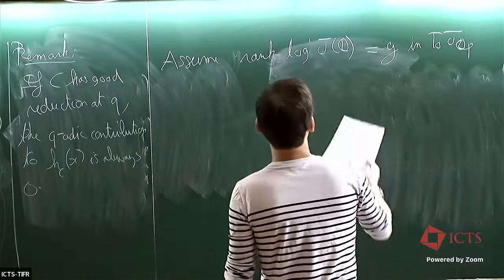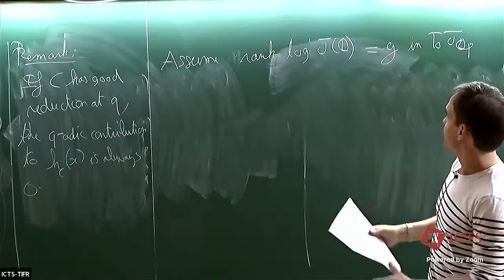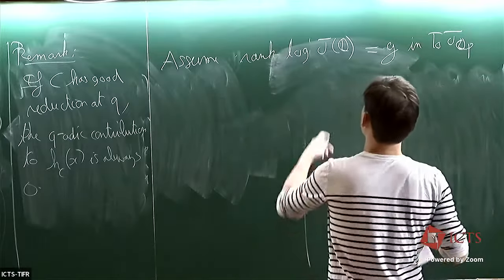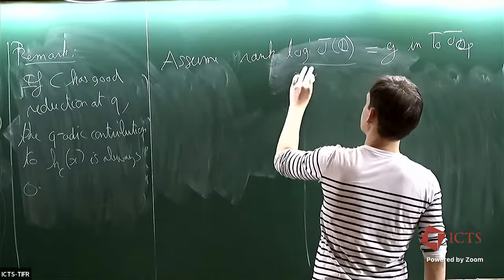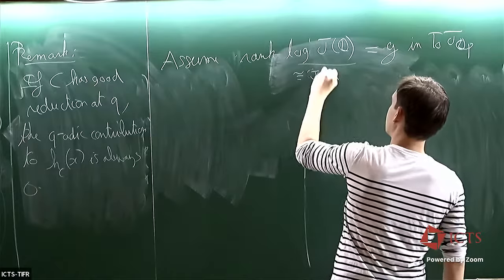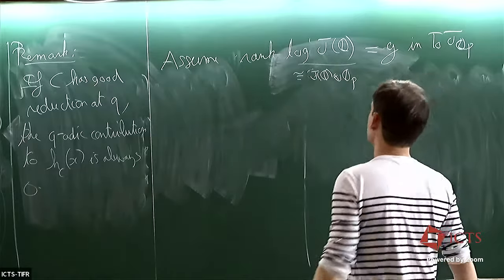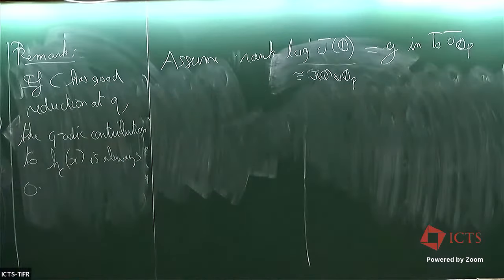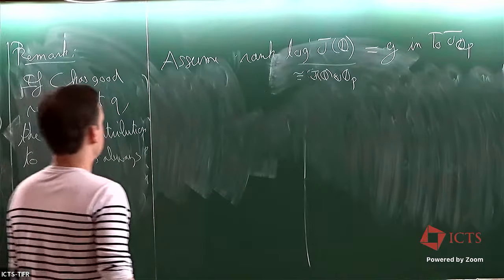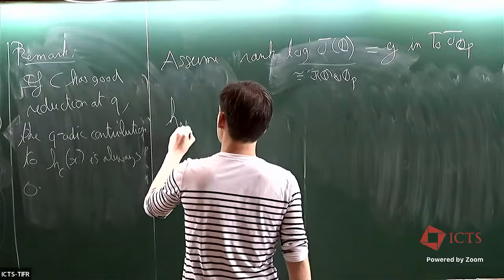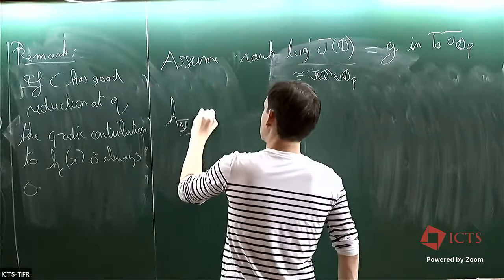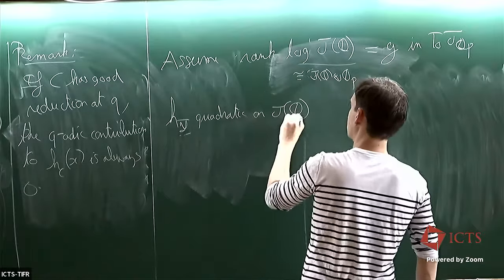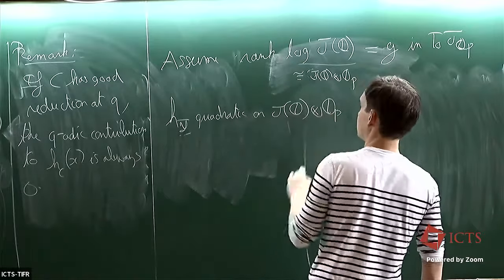It means over there I do have a quadratic form, because this is the same as J of Q tensor Qp here. So I have something on J of Q, which is defined by this. So I have H L bar quadratic on J of Q, actually even tensor Qp. This extends.